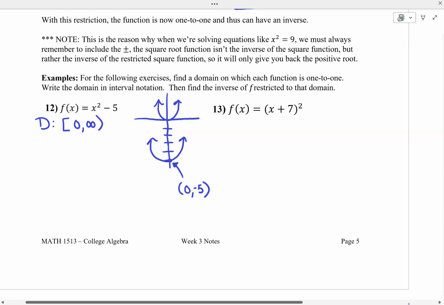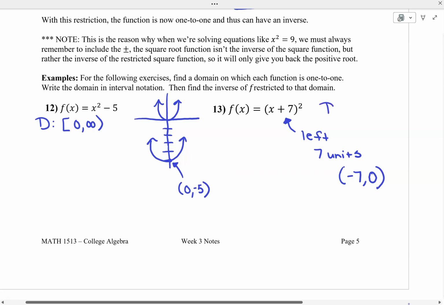I'm going to come over here on this one. Remember in transformations, if that is a plus, that means this will go left 7 units. Well, if I am going left 7 units, then my graph is starting at (-7, 0), because I didn't go up or down, so I am staying on the x-axis.